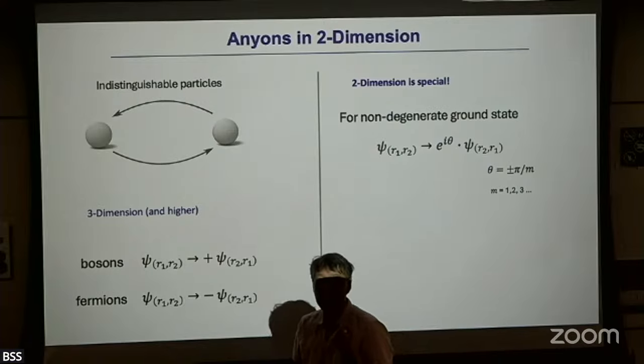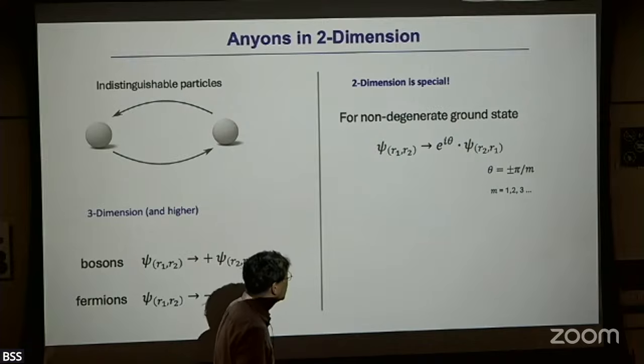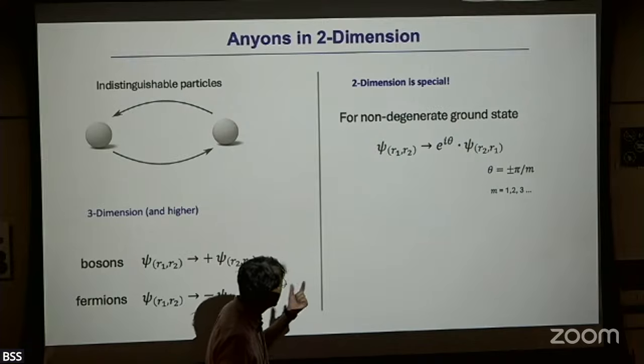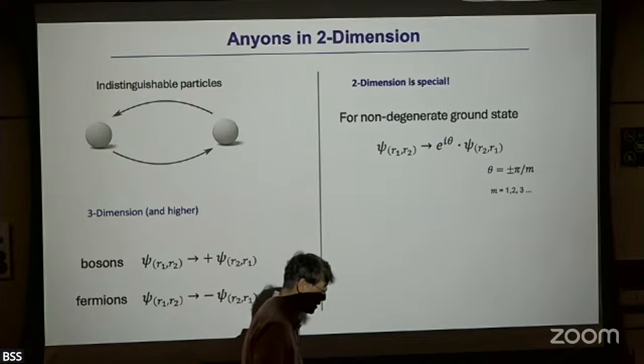In 2 dimensions, this braiding operation has a well-defined topological invariance defined by the winding number, and that allows us to have different possibilities of statistics.